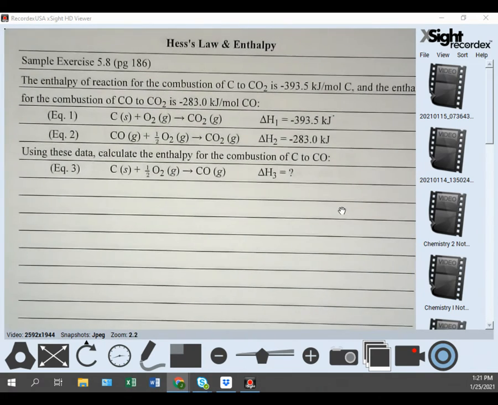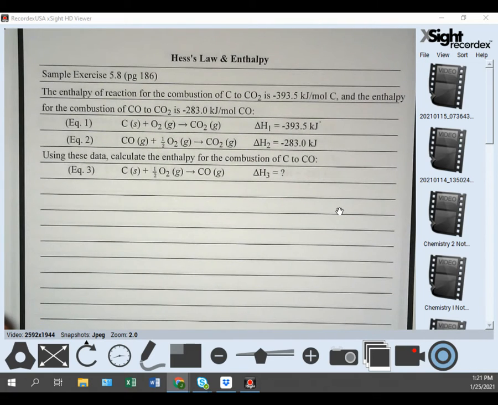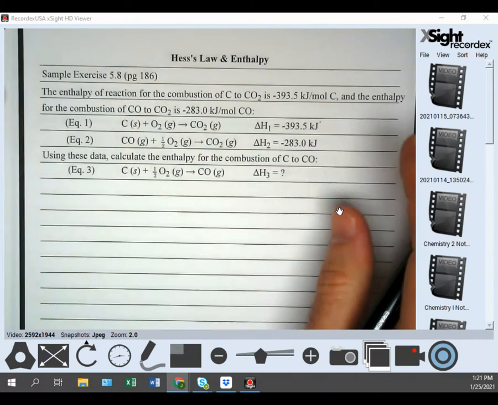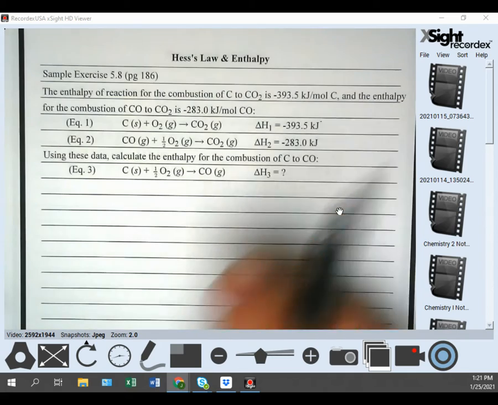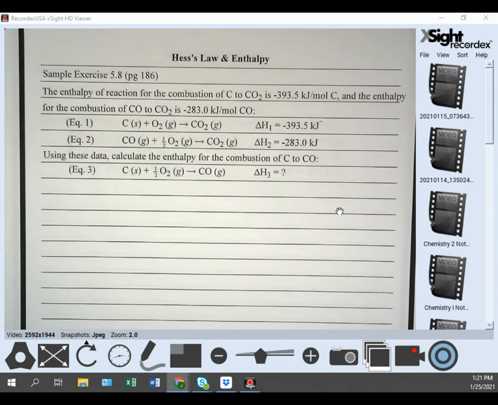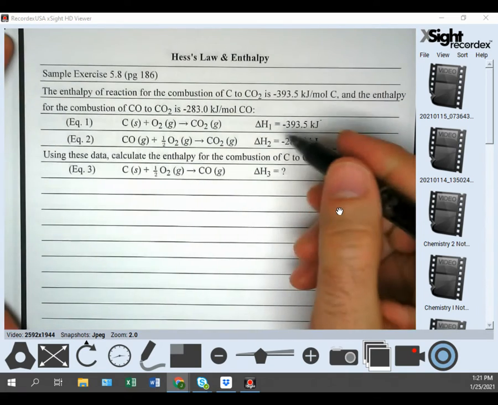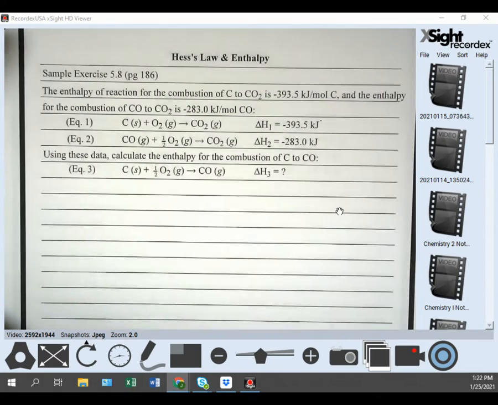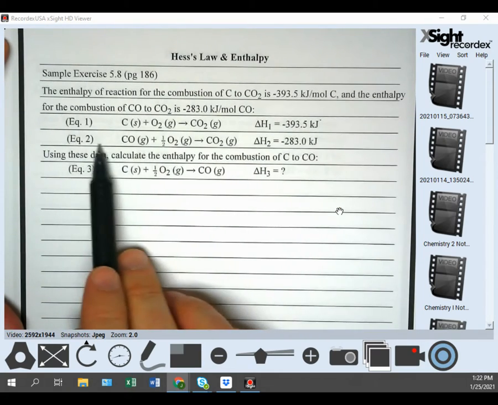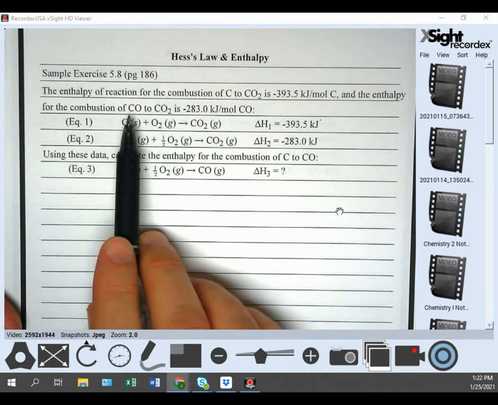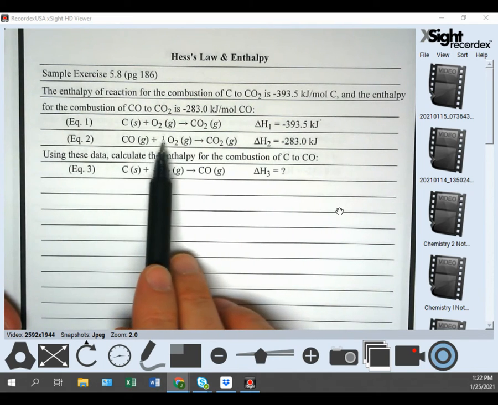Okay, so that's where we get into the second part, which you're going to look at and kind of probably want to strangle me because I'm making it more complicated. Yes, we are. All right, so look at the second equation. Combustion of carbon monoxide into CO2.